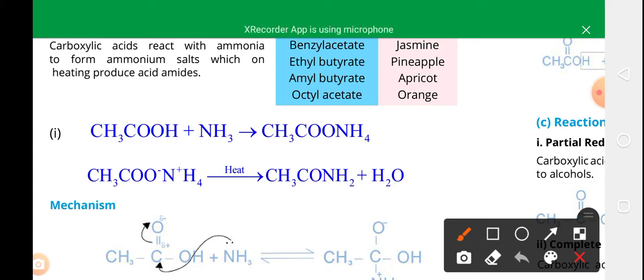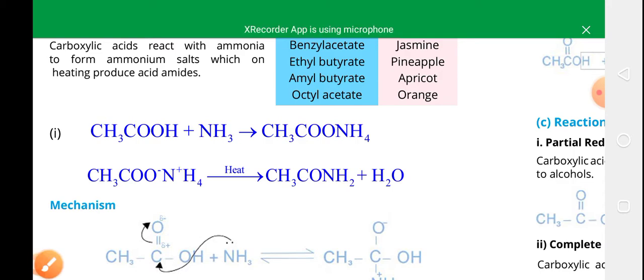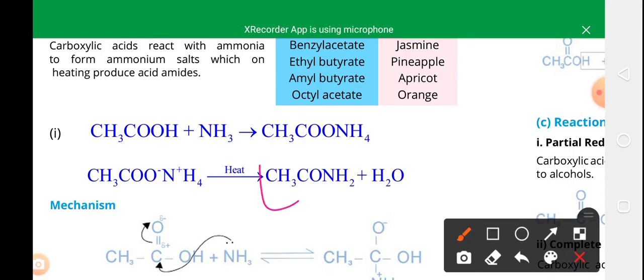Acetamide, this is acetamide. The IUPAC name is ethanamide.